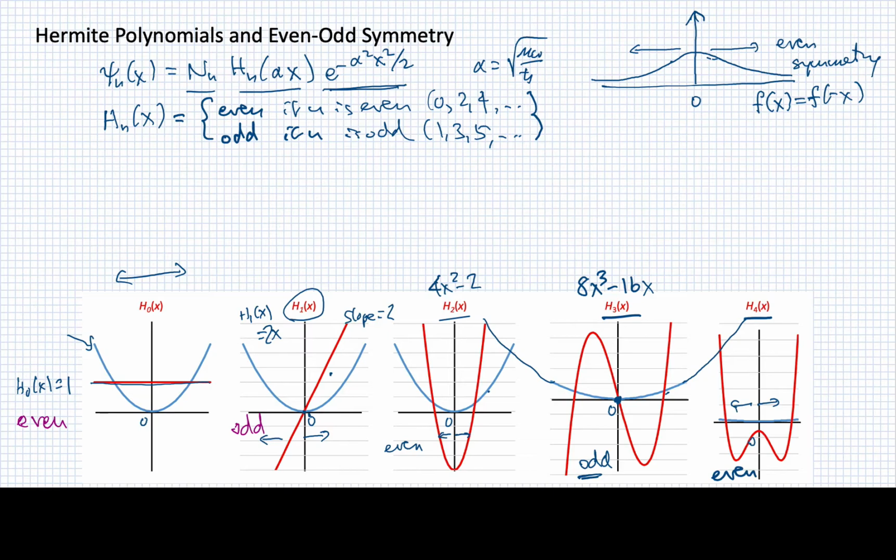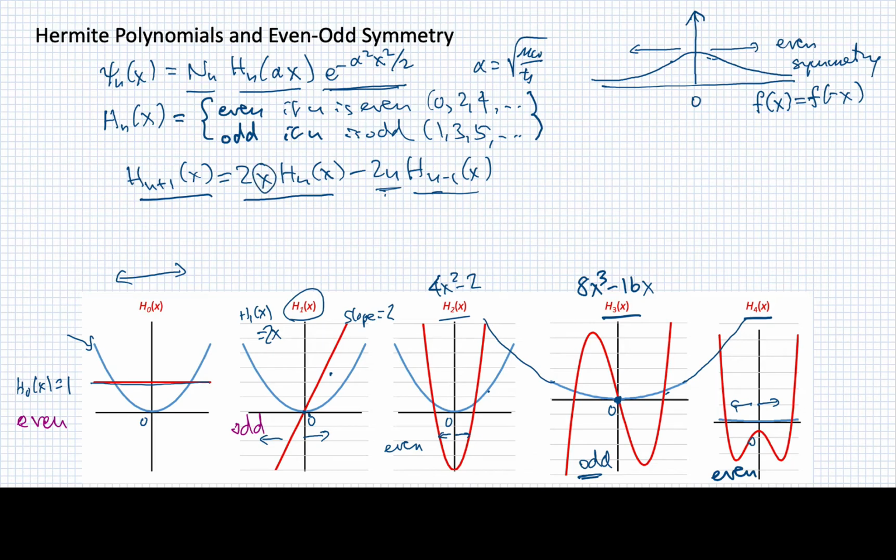I'll remind you that the recursion relation basically says that H of n plus 1 of x is equal to 2x H sub n of x minus 2n H n minus 1 of x. Well, this is just a number multiplying a function which can be either even or odd. So this and this will have the same symmetry, but only if this preserves that.